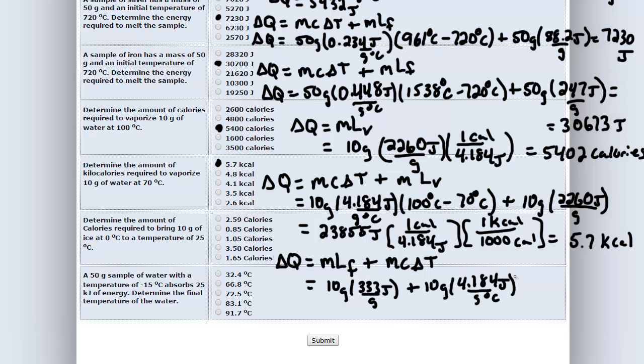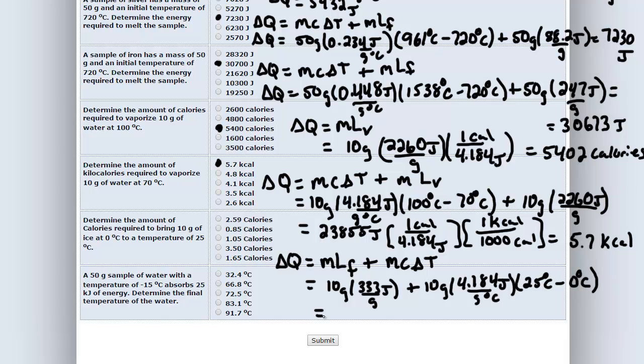That's the specific heat of water. The final temperature is 25 degrees Celsius. The initial temperature is at its melting point of water, 0 degrees Celsius. Let's calculate it. We have 10 times 333 plus 10 times 4.184, multiplied by 25.